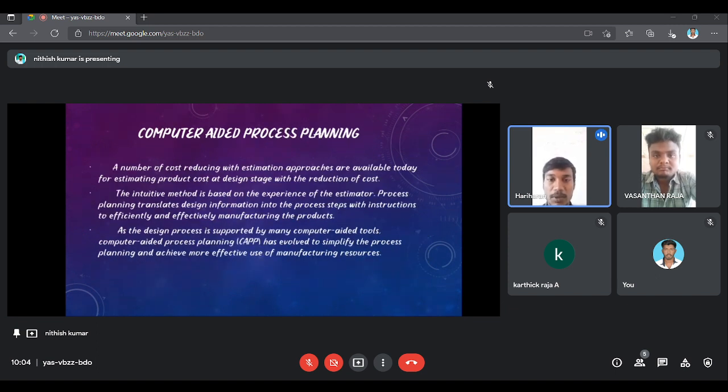Computer-aided process planning. From this slide, Divyanandan will explain. Computer-aided process planning. A number of cost estimation approaches are available today for estimating product cost at the design stage with the reduction of cost.